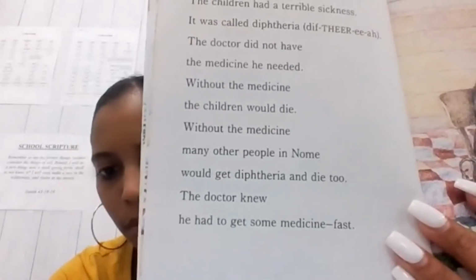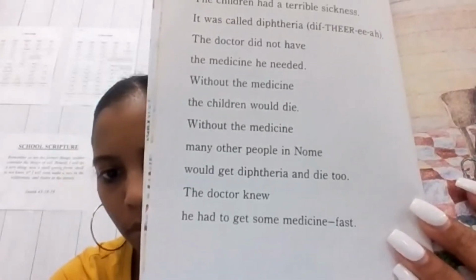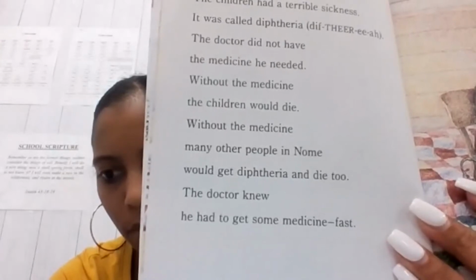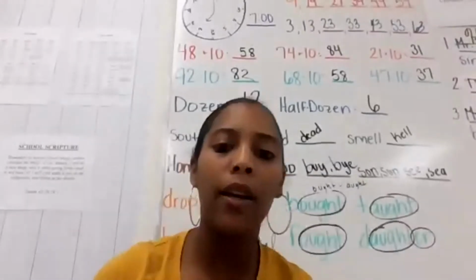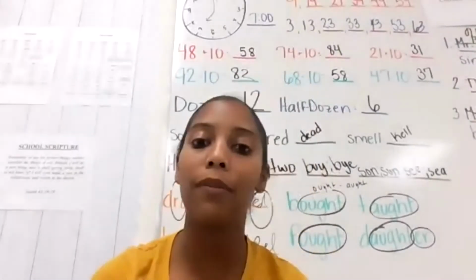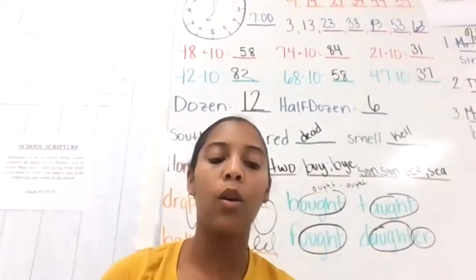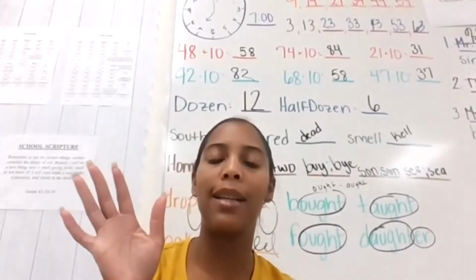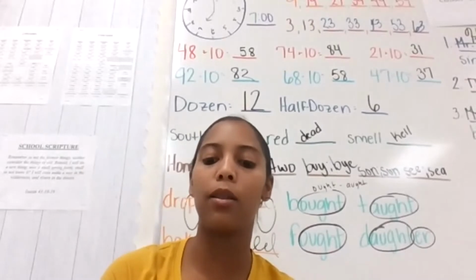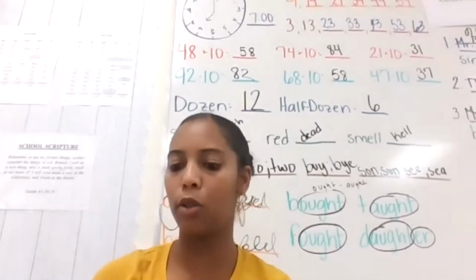The doctor knew he had to get some medicine fast. Good. So yeah, the doctor knew that if he did not treat these children, they would die. Also, other people in the town could get sick and then it would just be bad. So he's like, we need to get some medicine quick. Okay, let's turn to page 14.